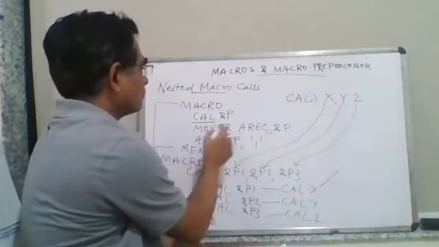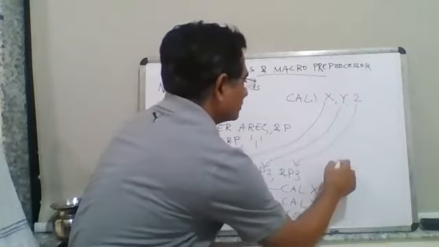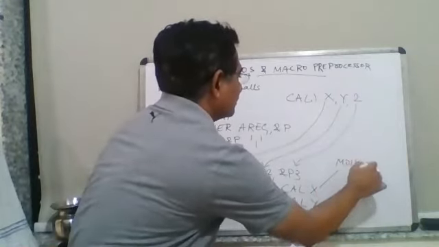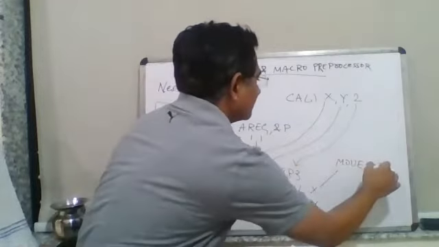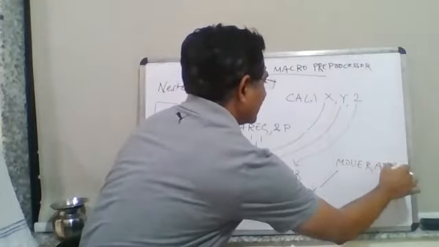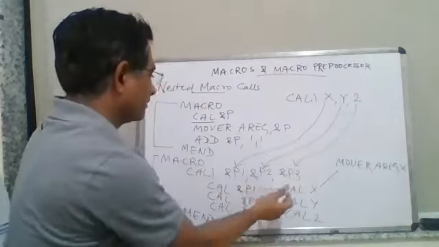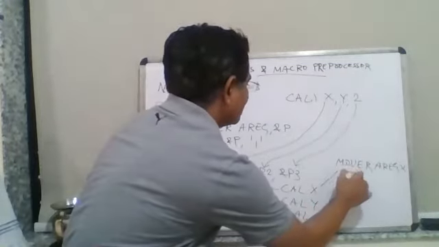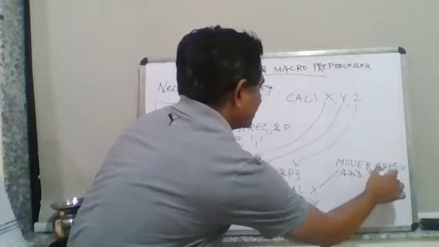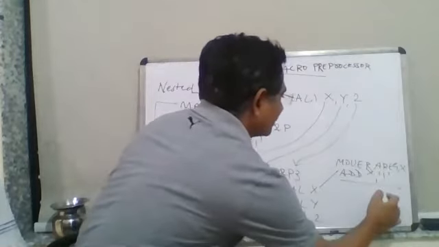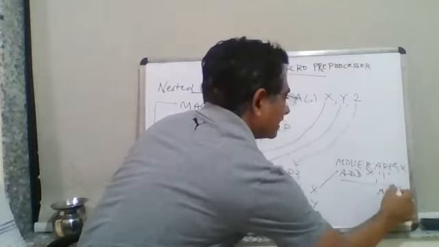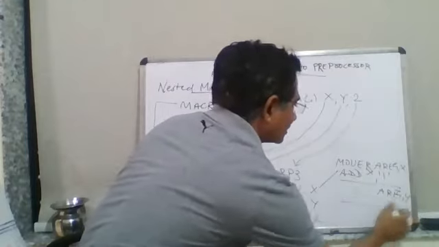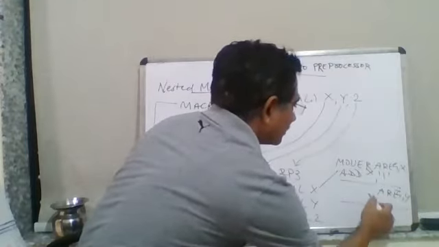There will be move r, then areg, comma x, right? So &p will be replaced by x here in this case, and add x comma 1. Okay, similarly this will be areg comma y, and y comma 1.